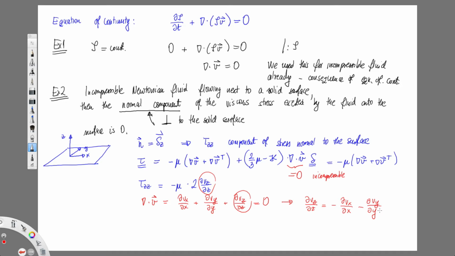And this is on the solid surface and close to it. What is true for Vx and Vy on this solid surface? They're 0, and x and y are actually parallel to the surface. So basically my Vx is 0 and Vy is 0, and x, y are parallel or tangential to the surface if I had a more general case.